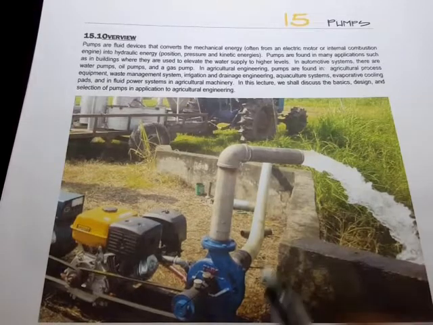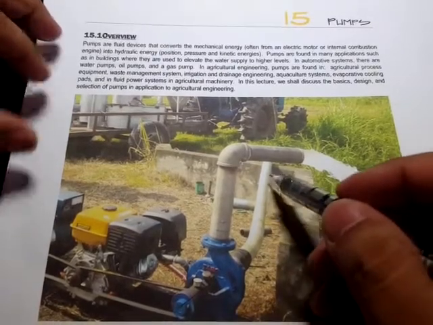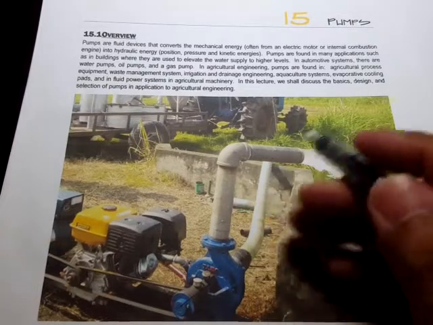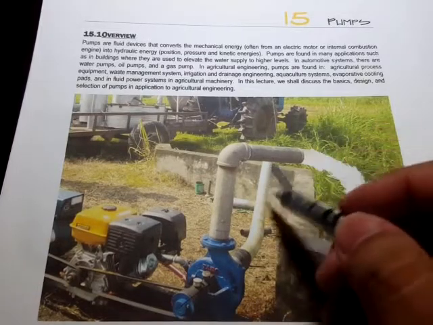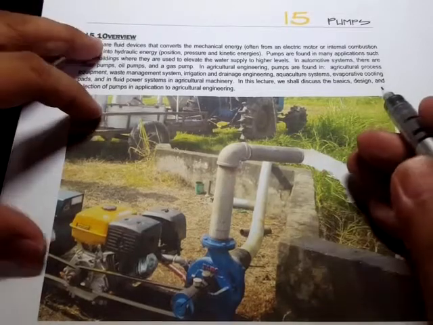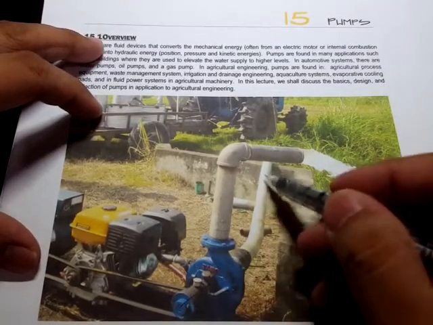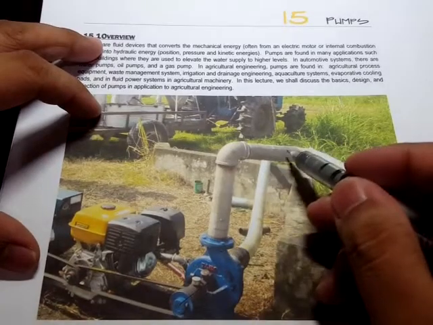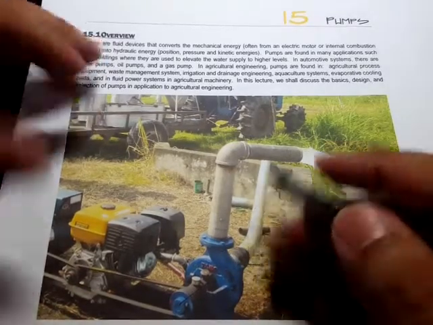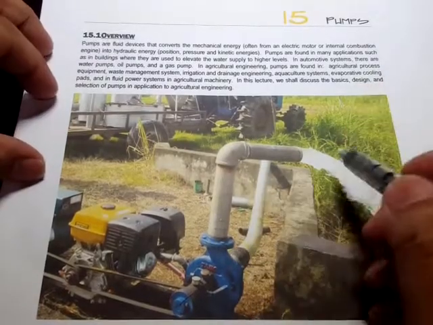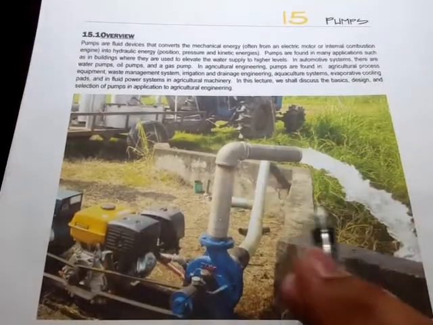That made it possible to tap water from a lower source, or from a lower elevation, and then discharge that into a higher elevation. So here's our pump, and this one is the suction side, and here's our discharge side. The suction side is tapping from a lower source and then discharging it to some higher elevation, right?